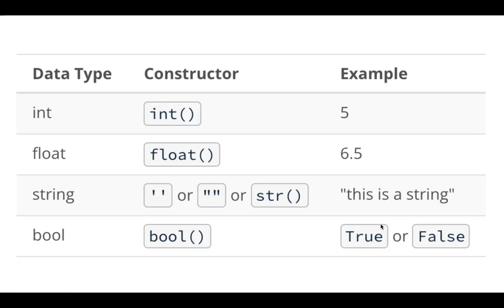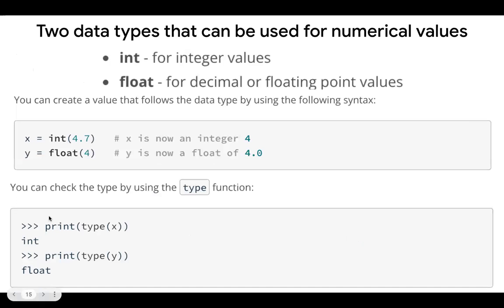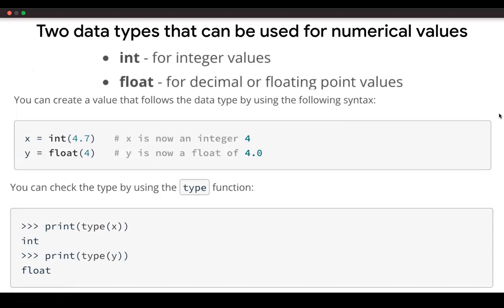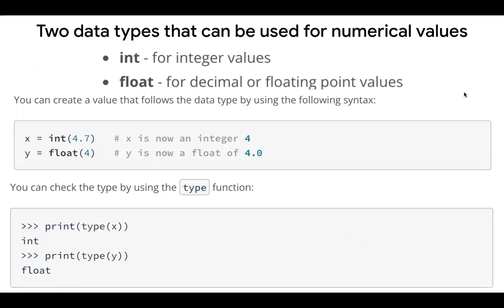And booleans are the data type which has the value true or false only. So let's go to integers and floats first. Integers are used for integer values and floats are used for decimal or floating point values.